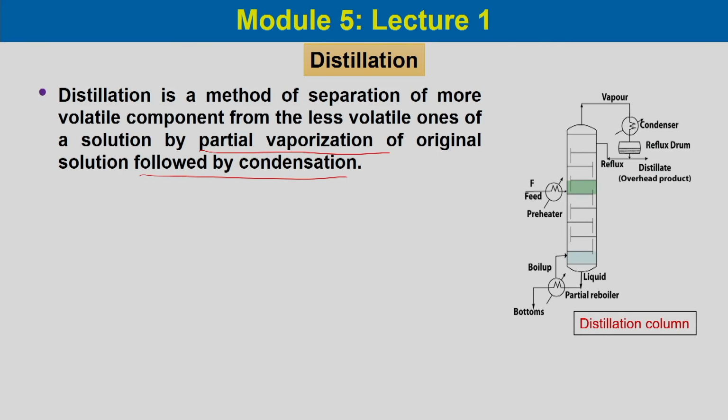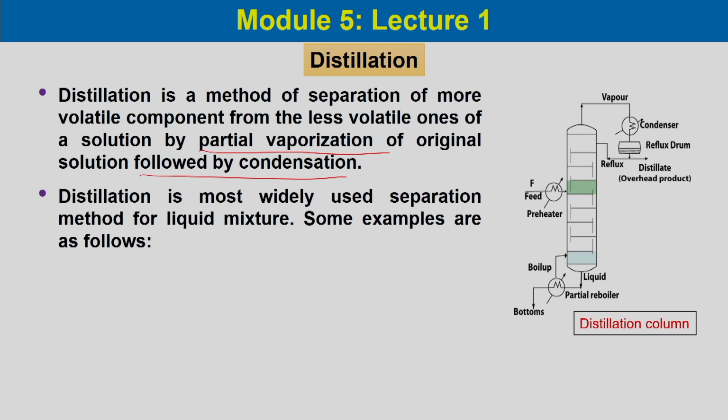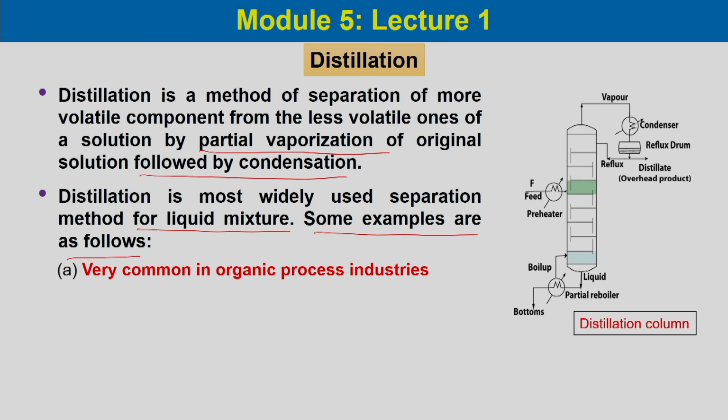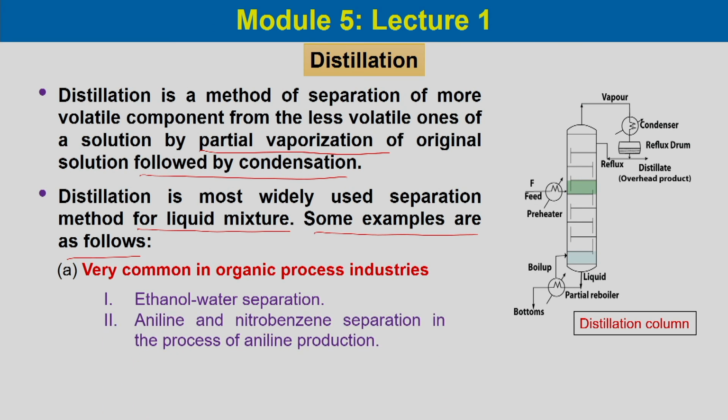This is a typical distillation column we have discussed already. Distillation is the most widely used separation method for liquid mixtures. Some of the examples: one very common in organic process industries is ethanol-water separation, where we use distillation. Another is aniline and nitrobenzene separation in the process of aniline production.